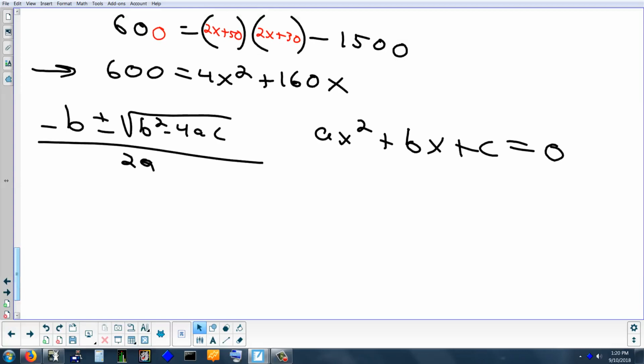Okay, all right. How would I get the 600 on the other side? Subtract it? Yeah, let's subtract it. So keep everything else the same.